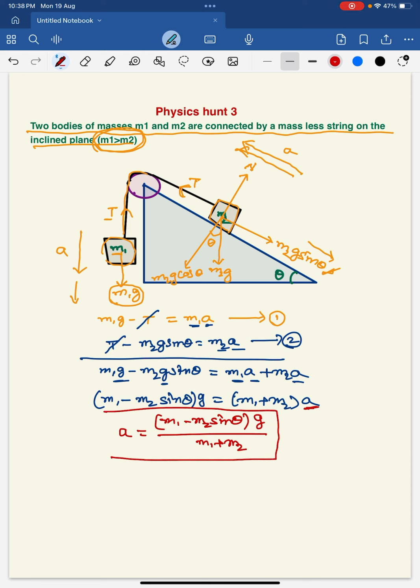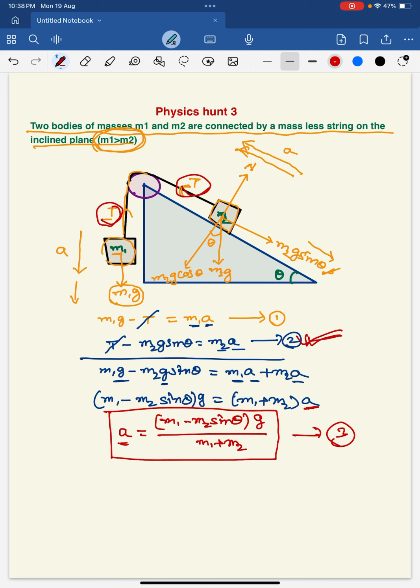So this is the acceleration of the system. Let us assume this is equation number 3. So after getting this acceleration, next we are going to calculate how much tension is acting in the string. To calculate the tension we will use the second equation, this one.